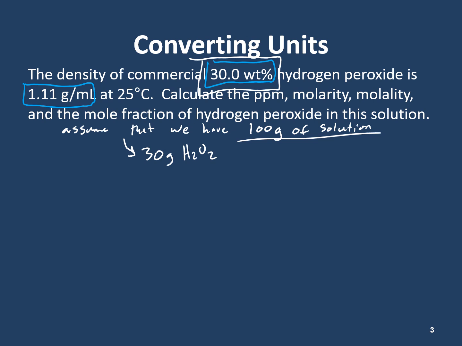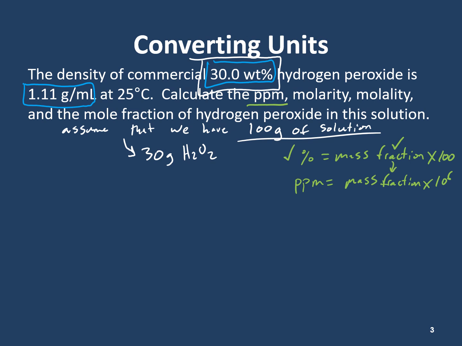Now, in our case, for this first unit that we want to calculate, parts per million, mass percent or weight percent is really just our mass fraction times 100. And we know parts per million is equal to our mass fraction times 1,000,000. So if I know this value, I can solve for that value, and then I can plug it into there and solve for parts per million, right?